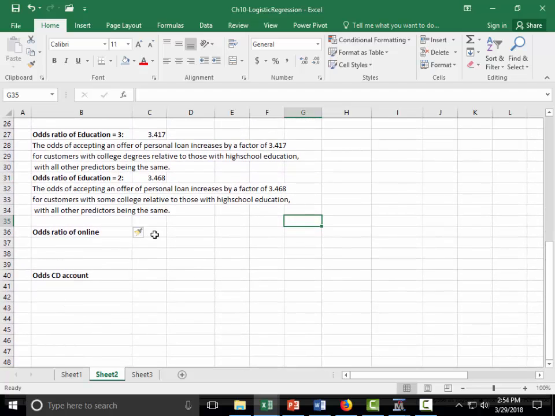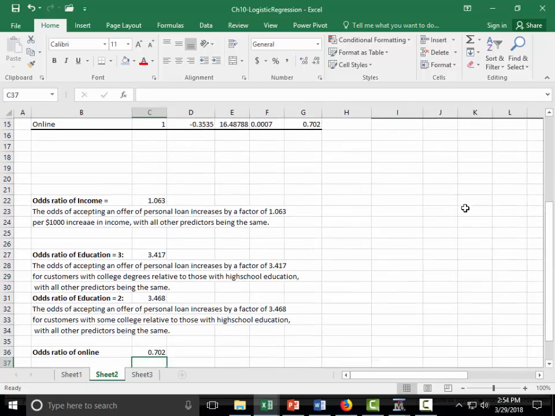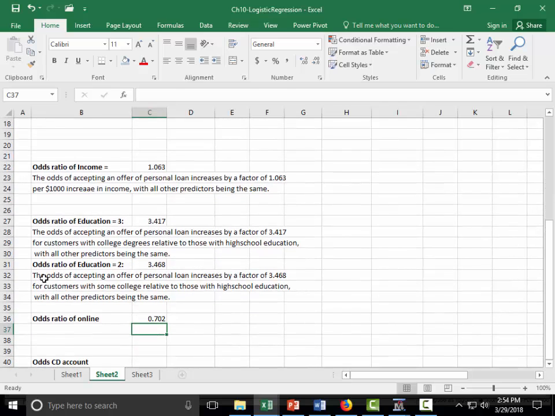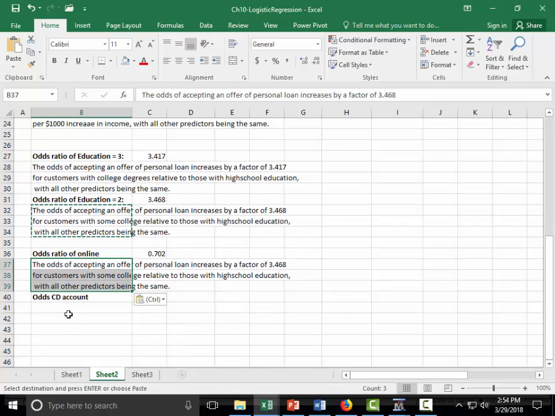So the other two, the same thing. Here it will be the odds ratio for online. So online is this. The odds of accepting an offer here, we shouldn't say increase now because it's 0.702.